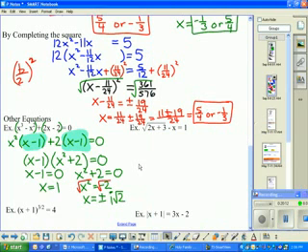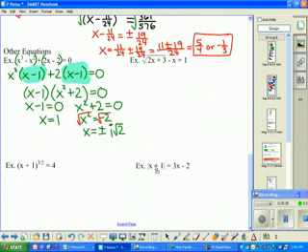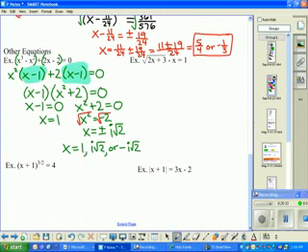So both of those do in fact work. And remember, I told you that the exponent will tell you how many solutions there are. So we're going to notice with this one, I had x cubed, and I got 3 solutions. So x is 1, i square root of 2, or negative i square root of 2. All 3 of those answers do in fact work.